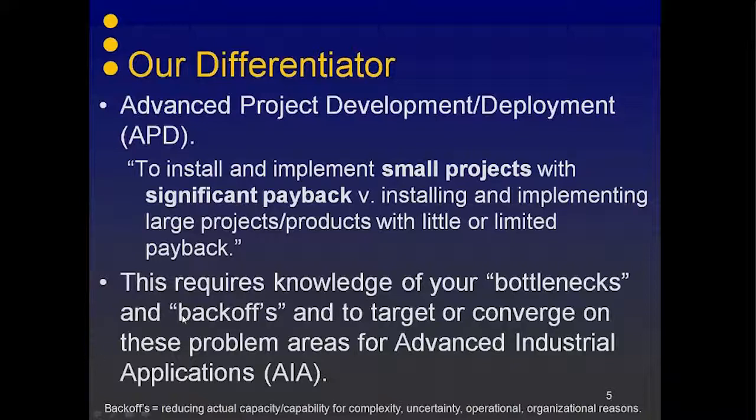I think most people know what a bottleneck is, but a backoff is something similar. We see this a lot in scheduling. People will reduce their capability artificially, just to make the problem less complex to solve using simulation. They will back off constraints. They'll say, listen, we don't know how to make decisions with these kinds of tight active constraints.